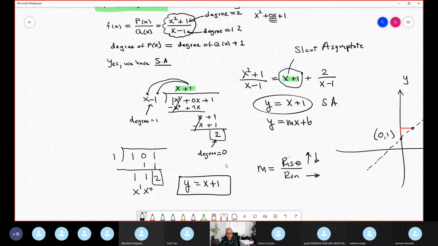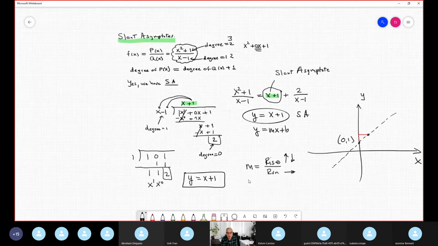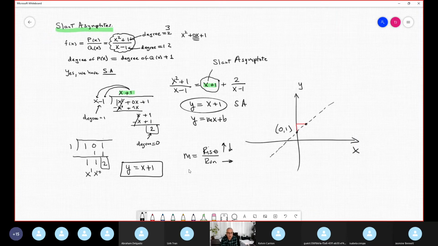Yeah, out the game. Curiosity. This rational function has one slant, but we also have a vertical. Look at that. You take the factor in the bottom, x minus 1 equal to 0, x equals 1, that represents our vertical.